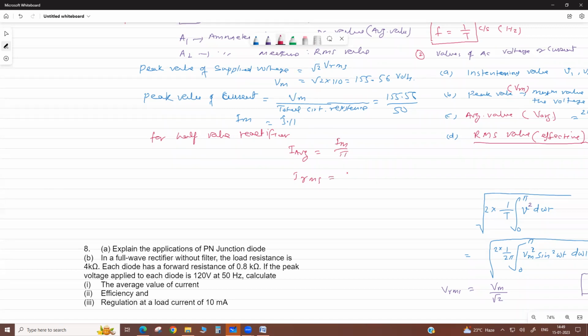The RMS value for a half wave rectifier, please remember, is IM by 2, not root 2.